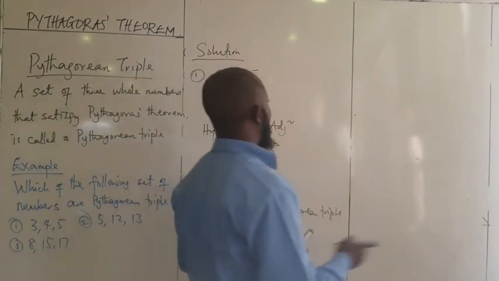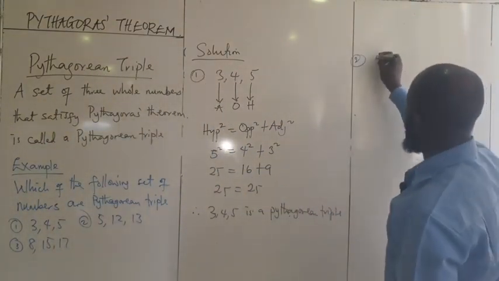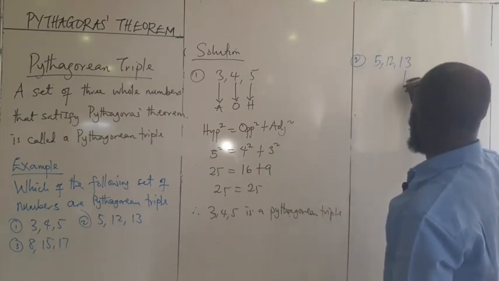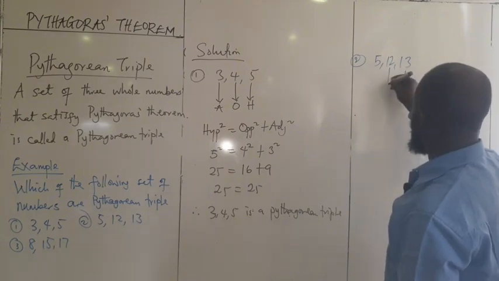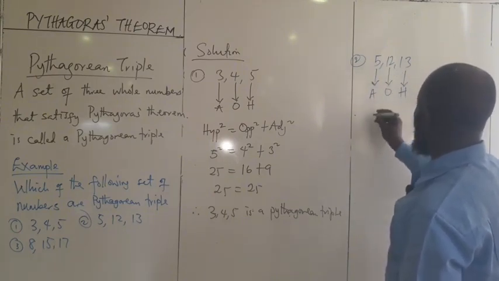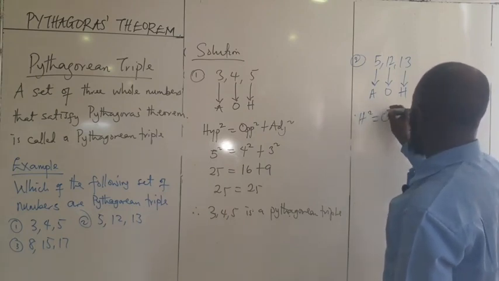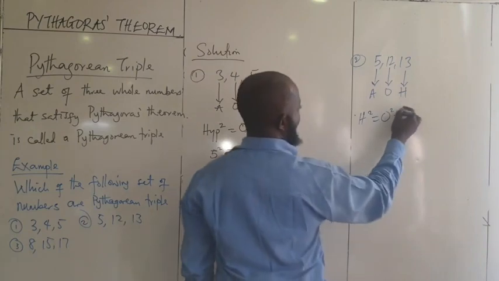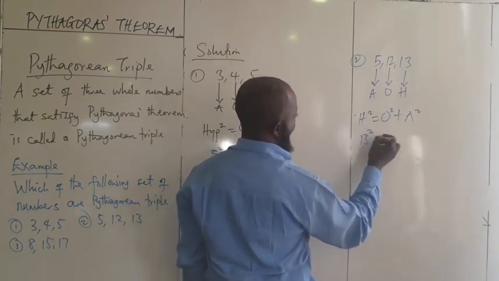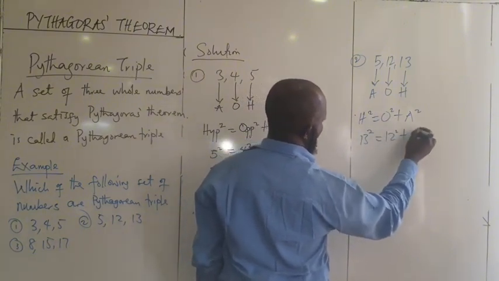Then let's check the second one as well. We have 5, 12, and 13. This will be the hypotenuse, this will be the opposite, and this will be the adjacent. So 13 squared, hypotenuse squared, equals opposite squared plus adjacent squared. That is 13 squared equals opposite 12 squared plus adjacent 5 squared.